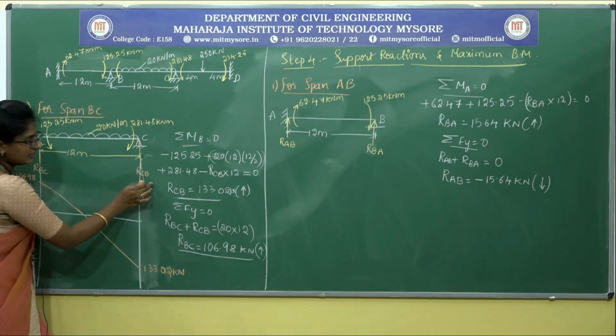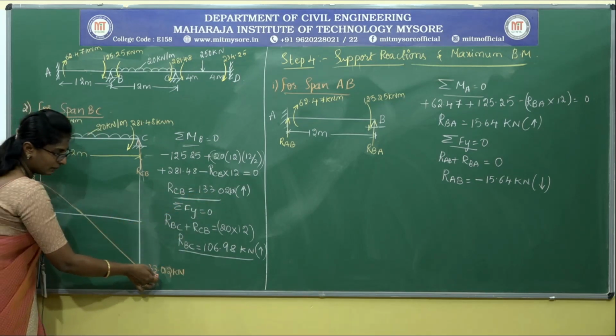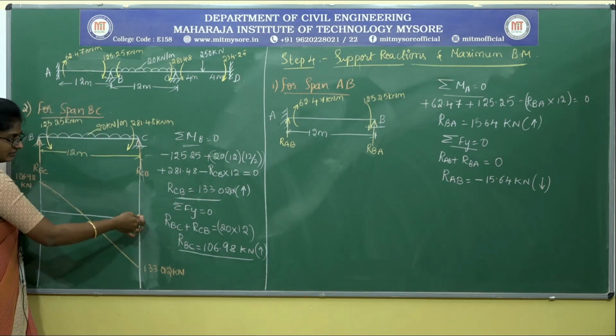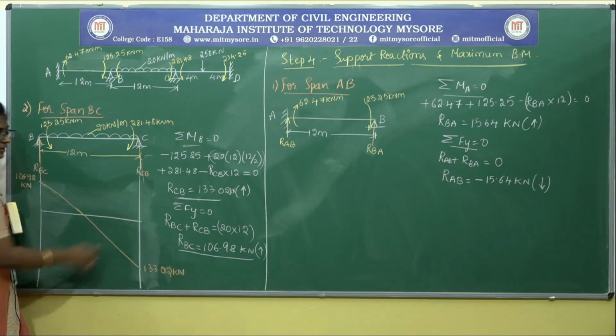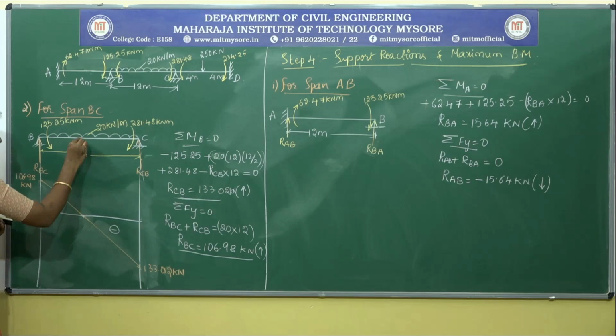Then RCB is again 133.02. So minus 133.02 plus 133.02, we get 0. This is positive shear force and this is negative shear force. So, this is the point where the shear force is 0.